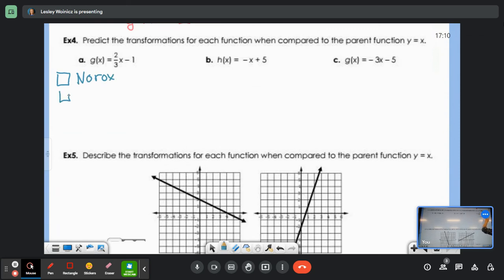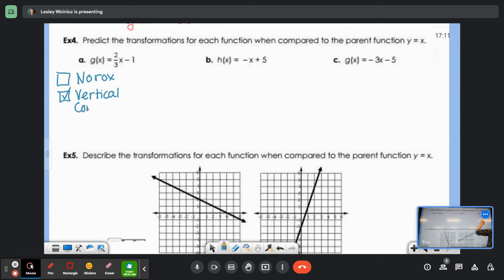Okay, it does have a factor other than 1 in front of the x, so I can tell that there is a stretch or compression. Now 2/3 is not as big as 1. 2/3 is smaller than 1, so that's a vertical compression.